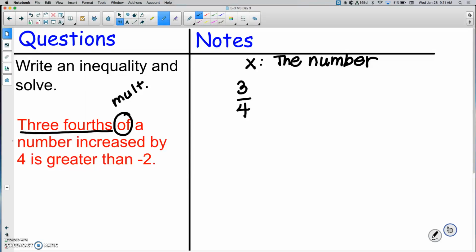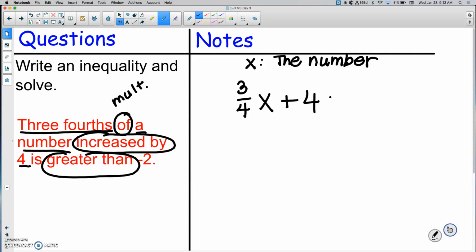So 3/4 of a number means 3/4 x. Increased by means plus 4 is greater than negative 2. So of means to multiply. 3/4 of a number is 3/4 times x.